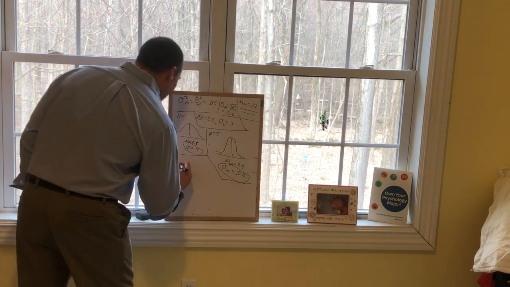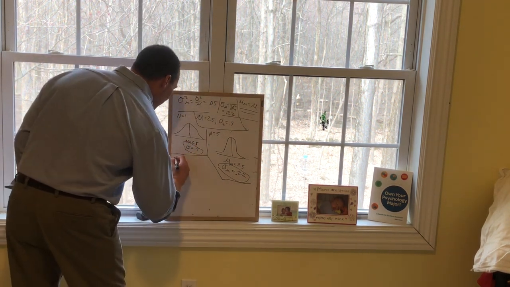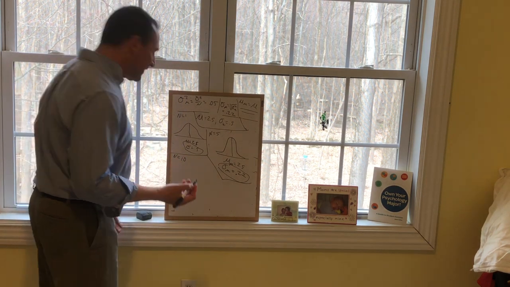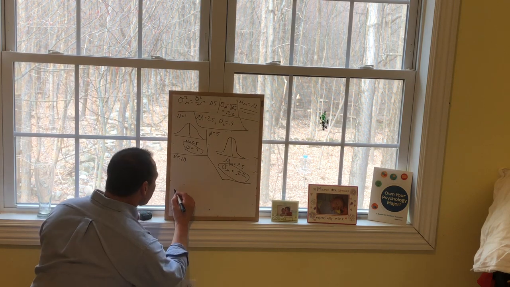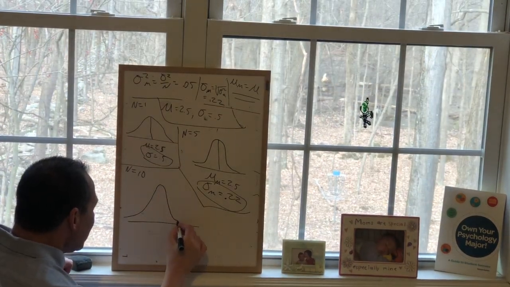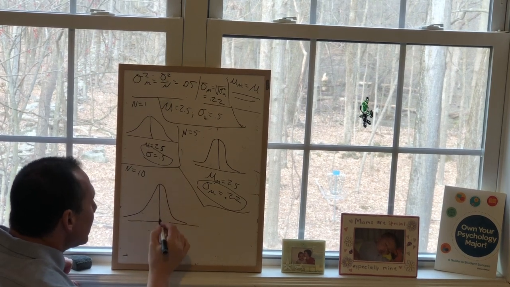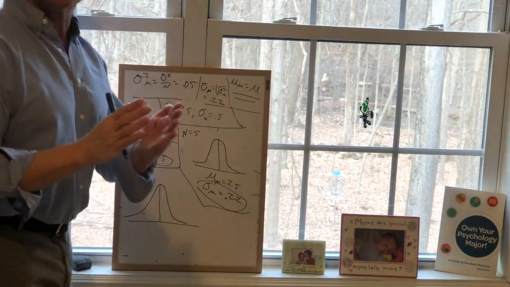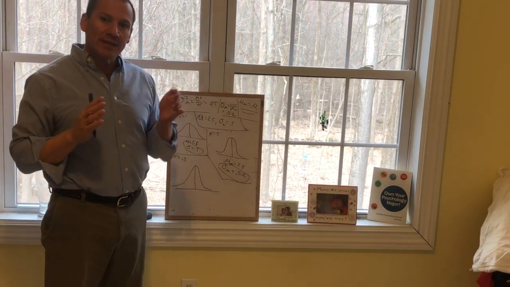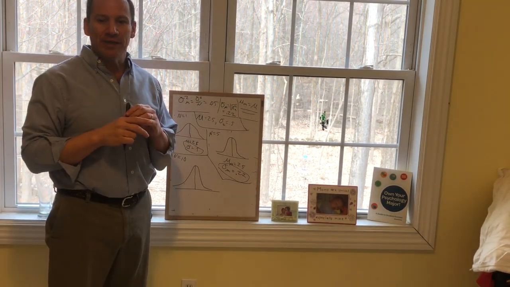So let's throw an n of 10 at that. If we have an n of 10, here's the distribution. And you'll see I've made it even more squished, even more squished, representing the idea that there is even less variability.